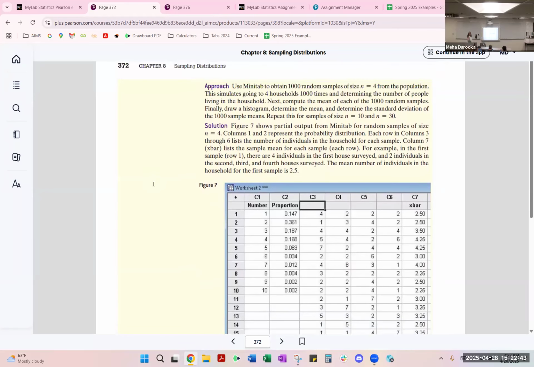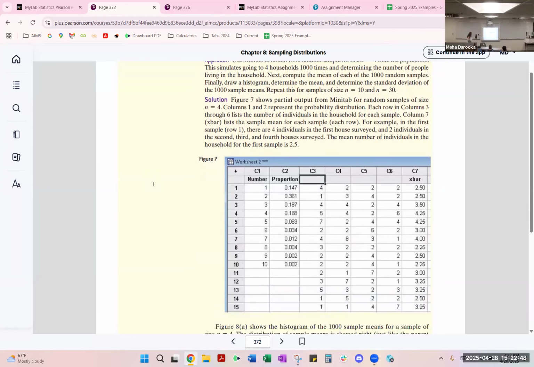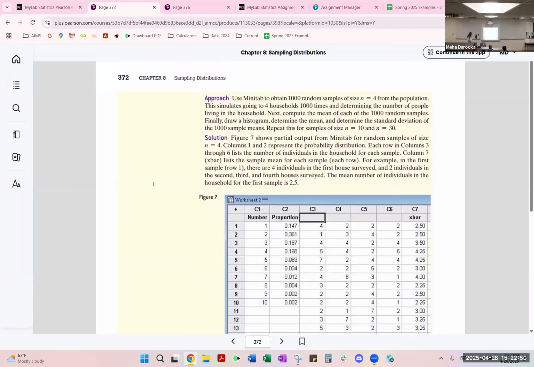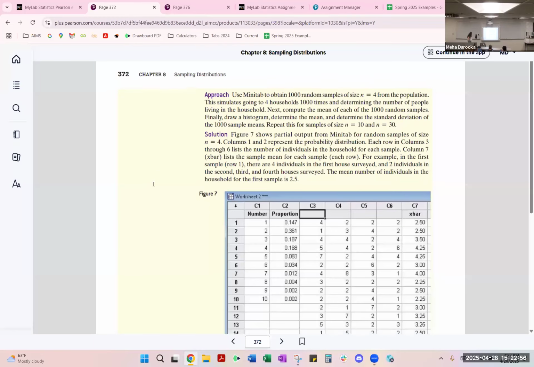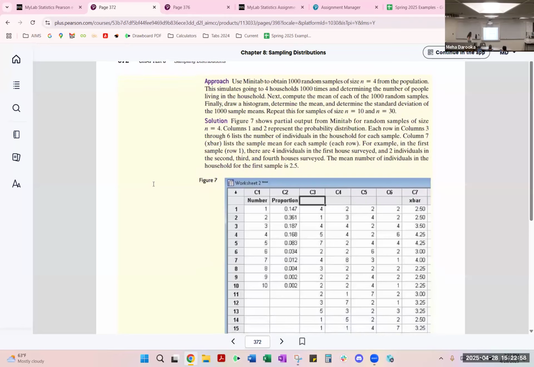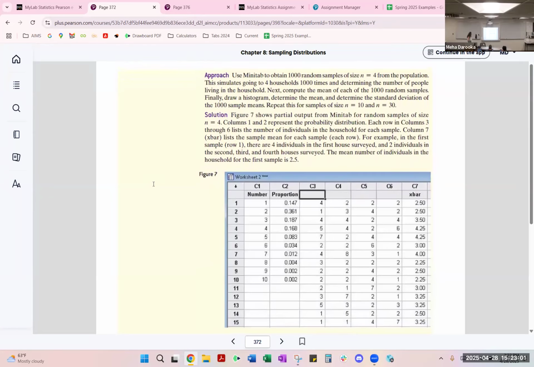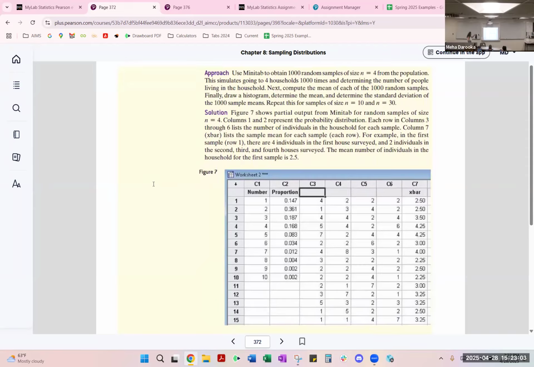I think they started out with size 4, and then they would repeat it for size 10 and size 30. Columns 1 and 2 represent the probability distribution, so you can see what those probabilities look like.